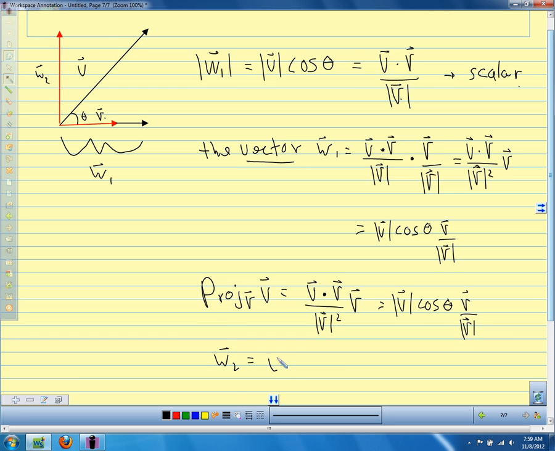W2 is just U minus W1. We can figure out W1 from this, and then we can subtract to get W2. Questions on that? Do we want to see an example of calculating our vector projection? Let's do it. Let's do an example of calculating the vector projection.